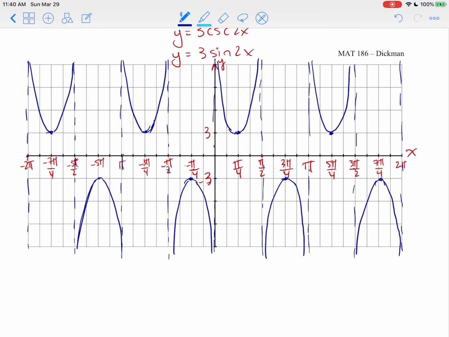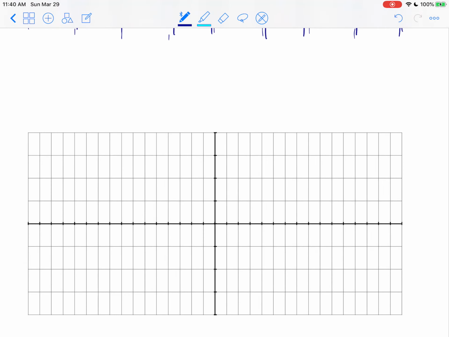Okay, this was our cosecant graph that we did before, but now we're graphing secant. So the graph is actually y equals 2 secant of 3x, and I'm going to start by graphing 2 cosine of 3x. And we said pi over 6 was a good scale, so I'm going to count up by pi over 6's.